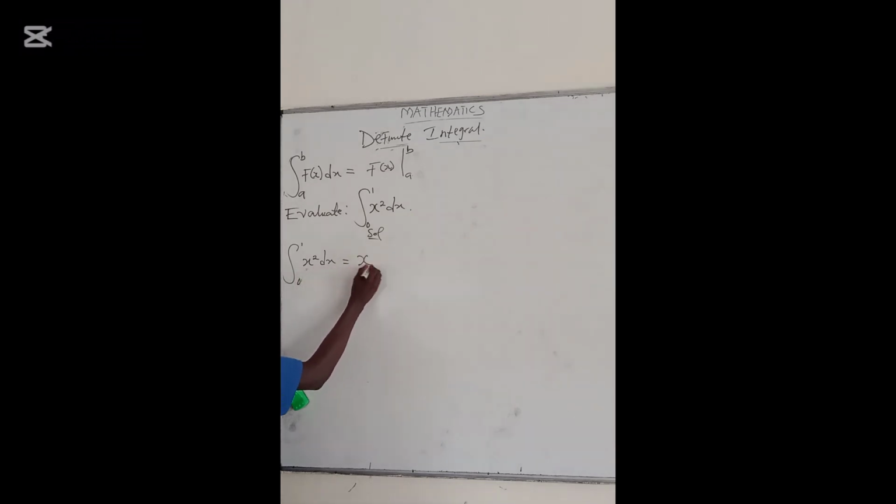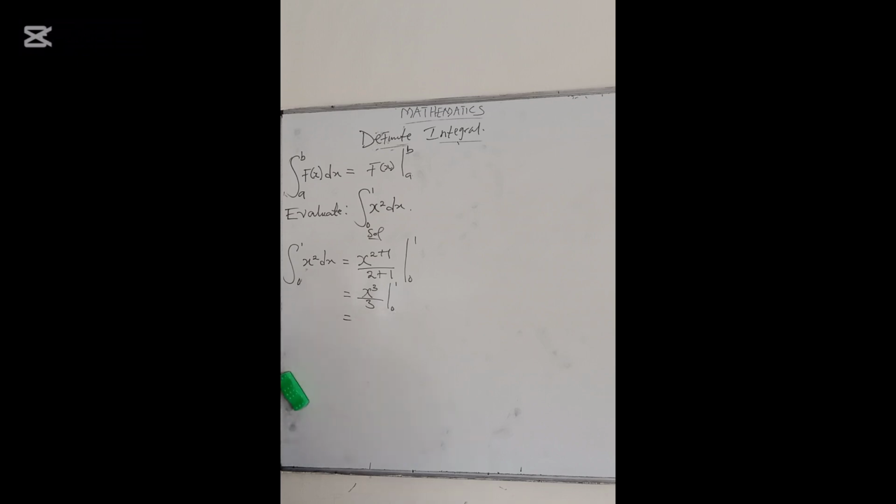So we are going to have s raised to power 2 plus 1 over 2 plus 1, with limit 0 and 1. So which is going to be s raised to power 3 over 3, with limit 0 and 1. It means whenever you see s, you are going to put 1.